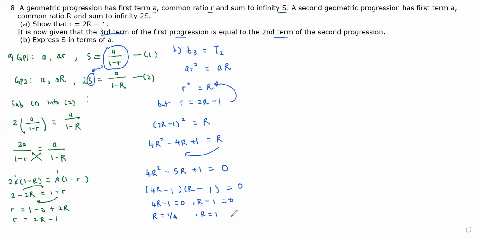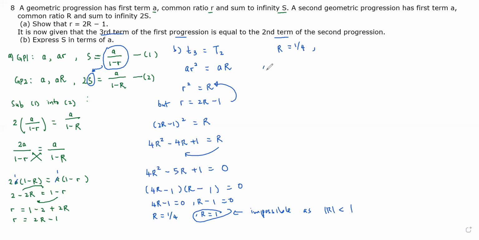For the geometric progression to converge so that we have a sum to infinity, R equals 1 is not possible, because the absolute value of R must be less than 1 for the geometric progression to converge. We only have R equals 1 over 4.